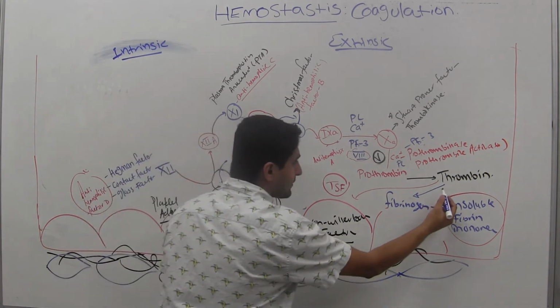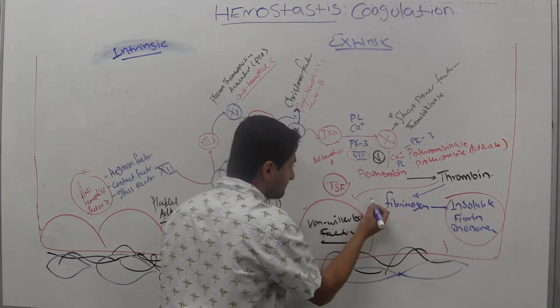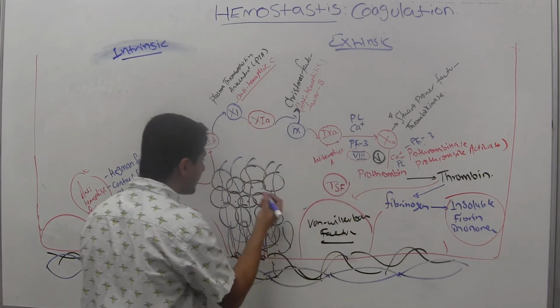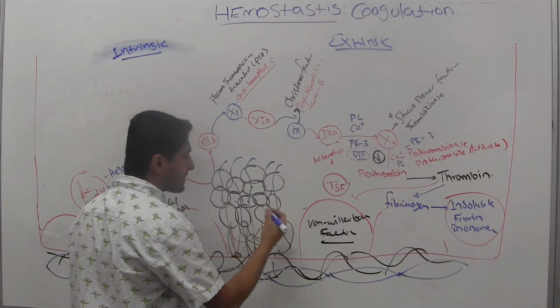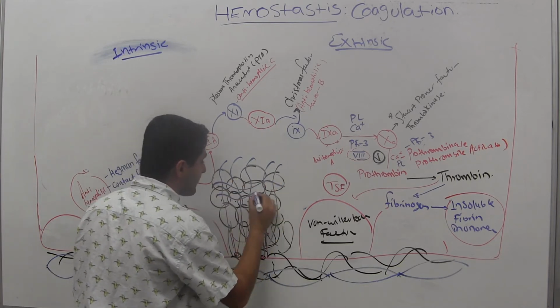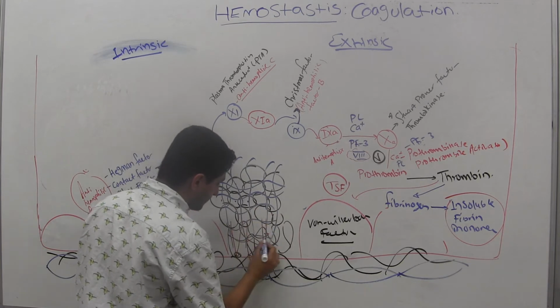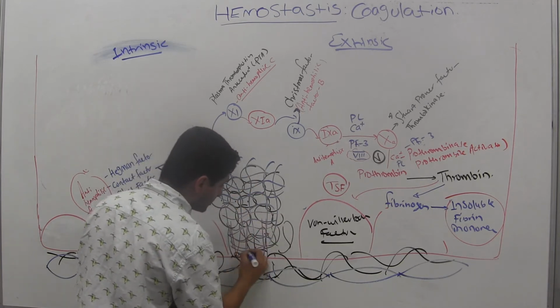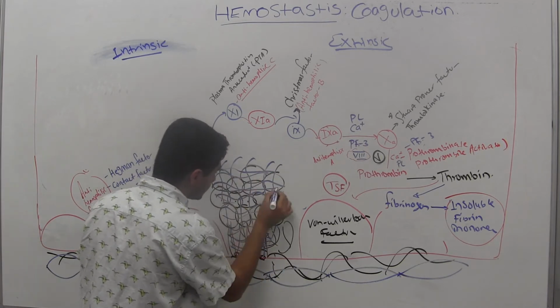Now, as soon as thrombin activates the tissue stabilizing factor, it stabilizes this. It starts creating a mesh network like this, and a lot of red blood cells and platelets are trapped in it. This is called a thrombus, this is called a clot now.